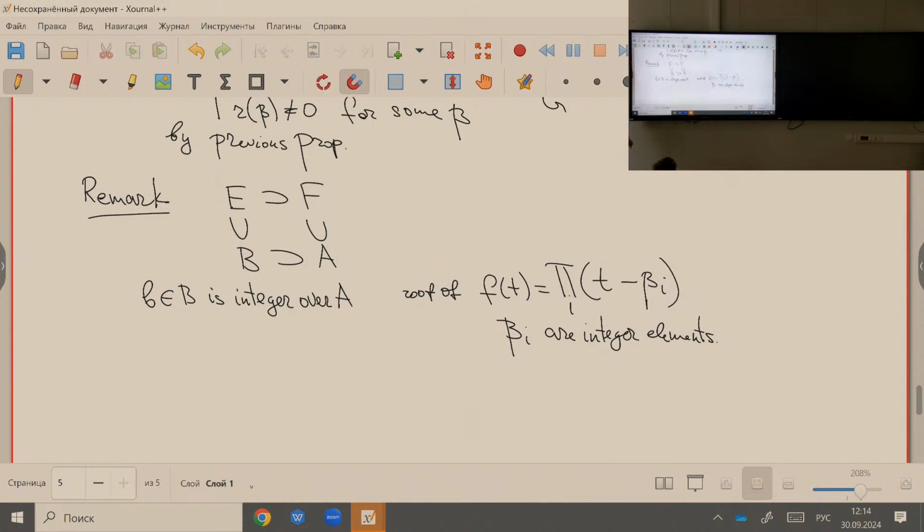And if you apply sigma I to b, it is of course still a root of this polynomial, because sigma preserves the coefficients of the polynomial.